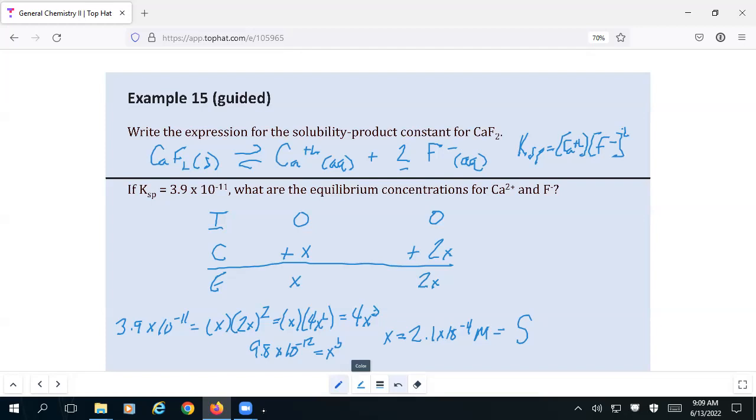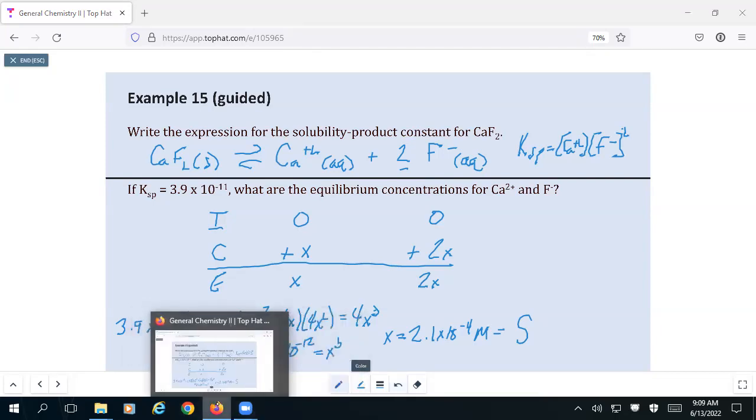And so you will see in some equilibrium ice tables, if it's a KSP problem, instead of putting X's into the ice tables, they will put capital S's instead. Again, just to hammer home that same point: X and S are the same thing.